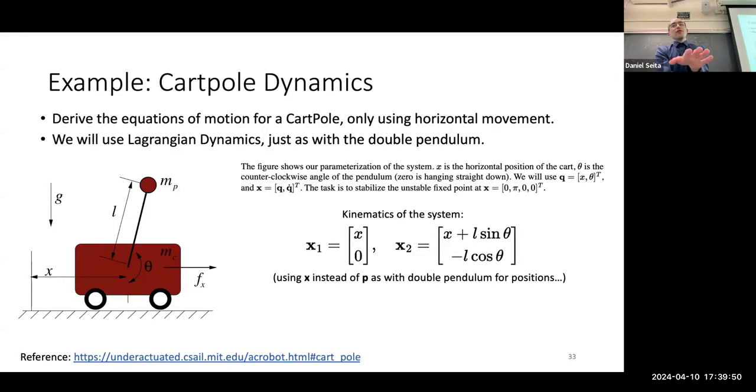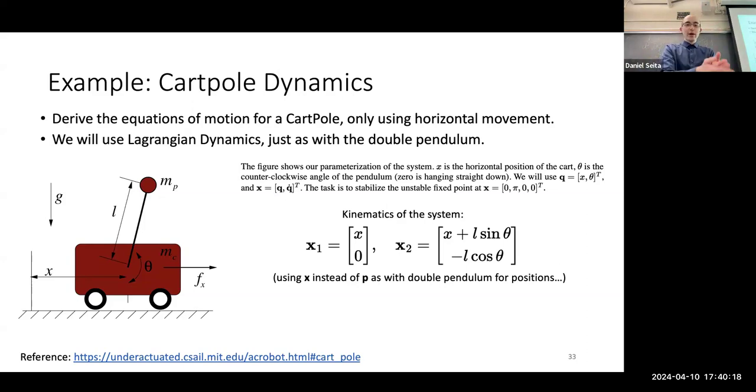All right. So there's another example here. We're not going to go through the whole algebra because I don't want to do this all day. So the cartpole is another classical example of a robot system that has been analyzed a lot, and it's simple enough that we can write out the equations of motion just like the double pendulum from before.